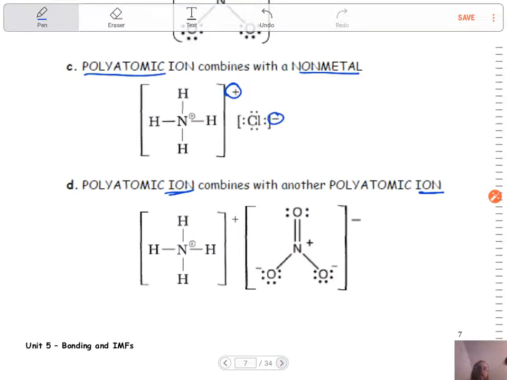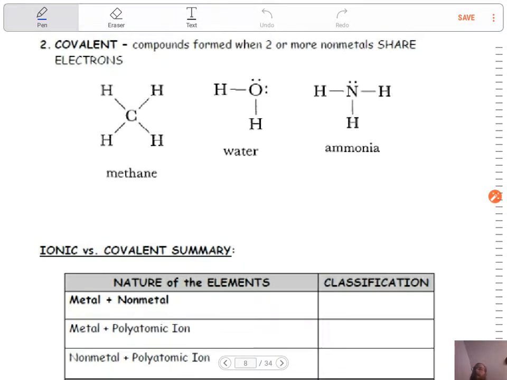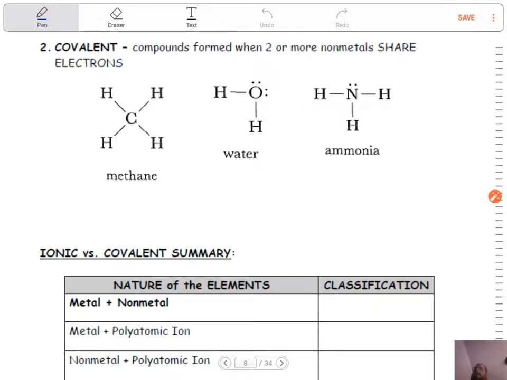Okay, so the next type of bonding that we're going to talk about is what's called covalent. Now the big difference here is that you have compounds being formed when you have two or more nonmetals. So notice there's only nonmetals here in a covalent compound, and they are sharing their electrons.